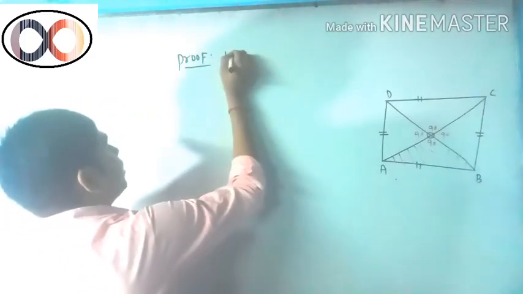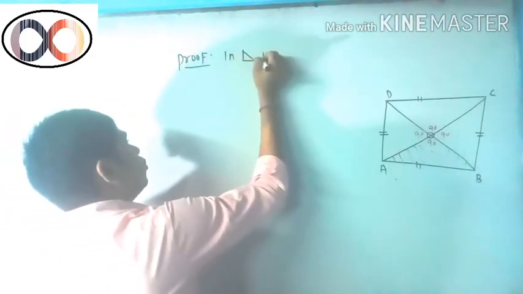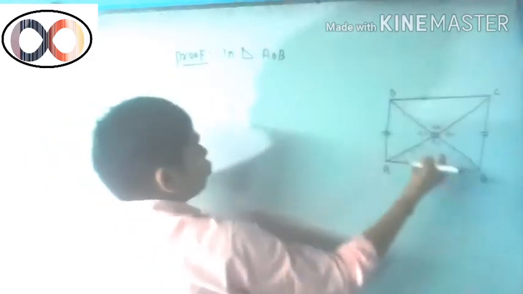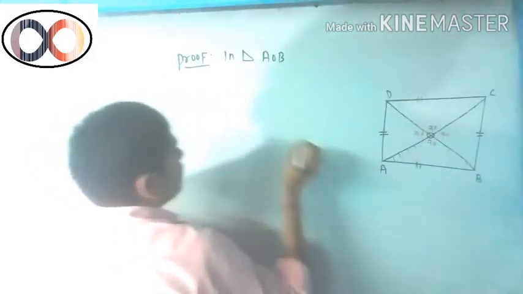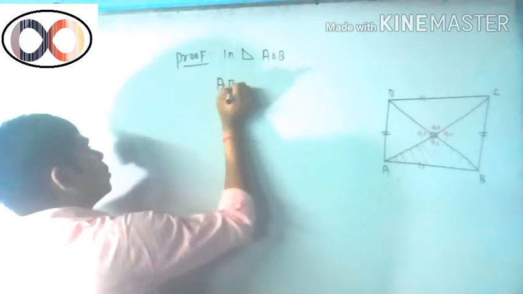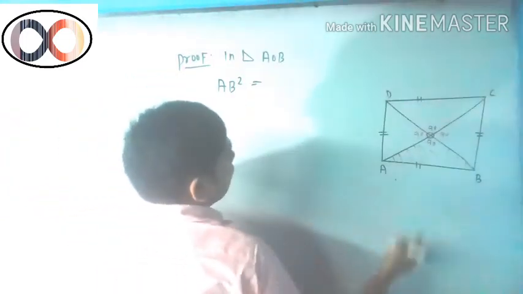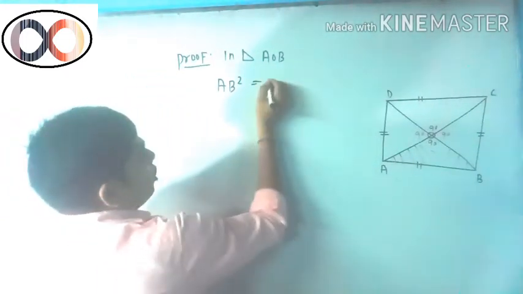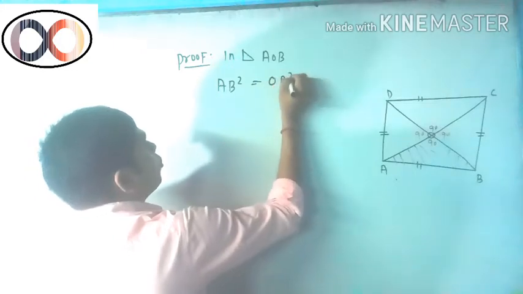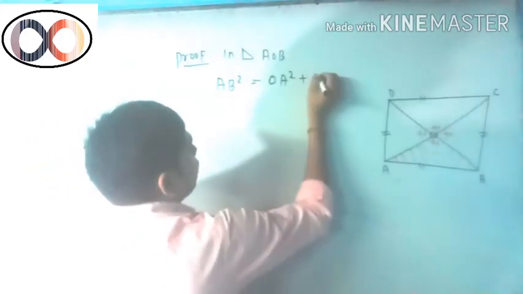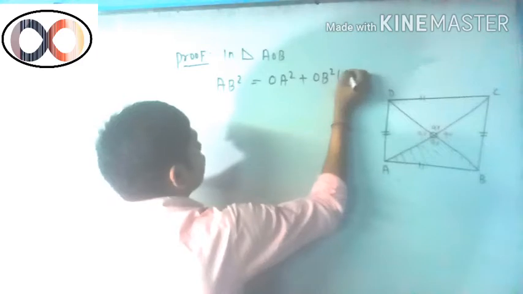In right angle triangle AOB, this is the 90. So we can write AB square equals OA square plus OB square, due to Pythagoras theorem.